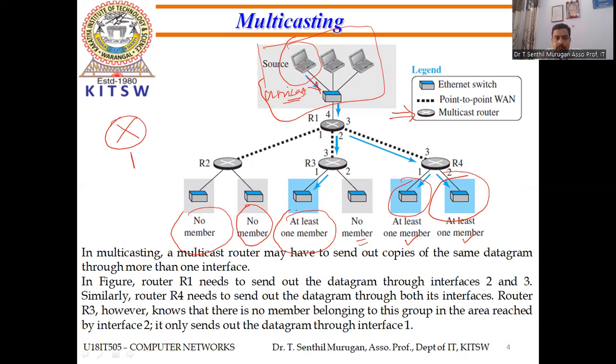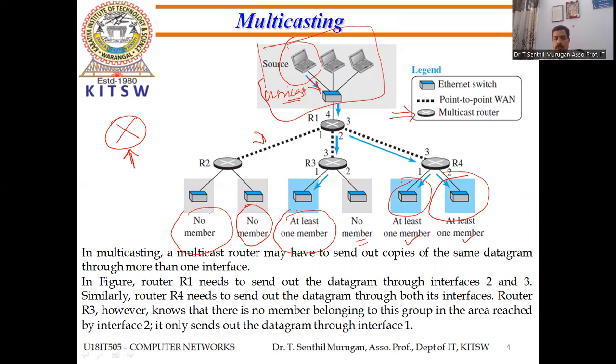It is not a unicast router; a unicast router is represented in blue color. So you consider this a multicast router. These dotted lines represent point-to-point connections. Point-to-point connection means it is directly connected to the particular network.